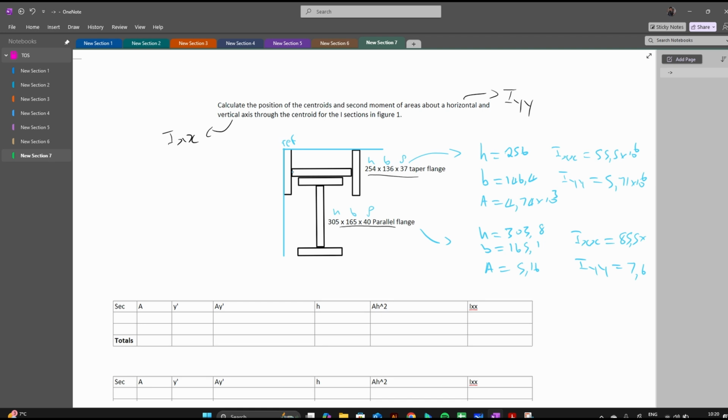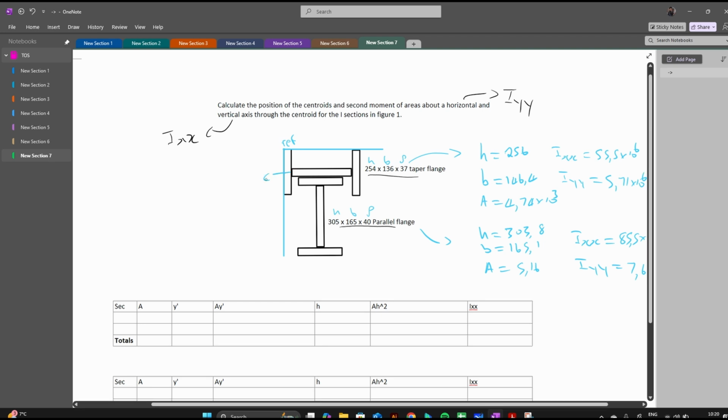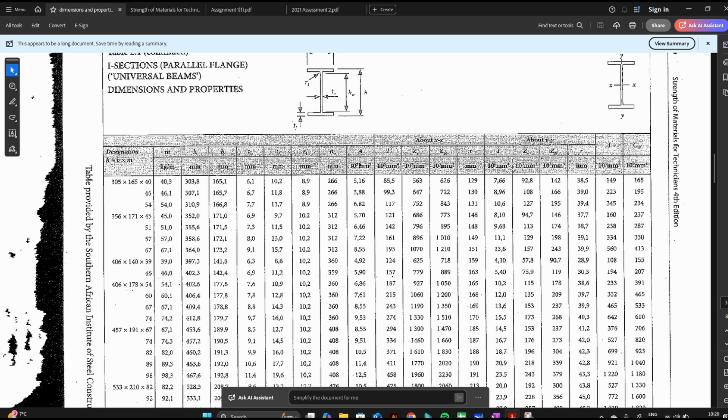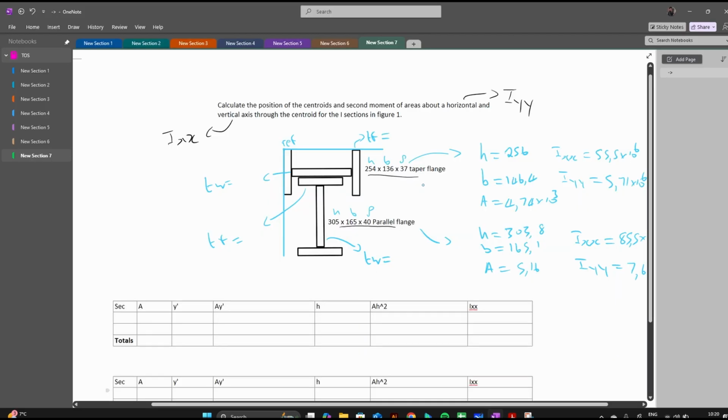Okay, another thing we're going to need is the thickness of the web, which is our TW, and the thickness of this flange, which is our TF. Let's also get this one, the TF, and let's get this TW just in case. Our TW is 6.1, our TF is 10.2 for the 305 one.